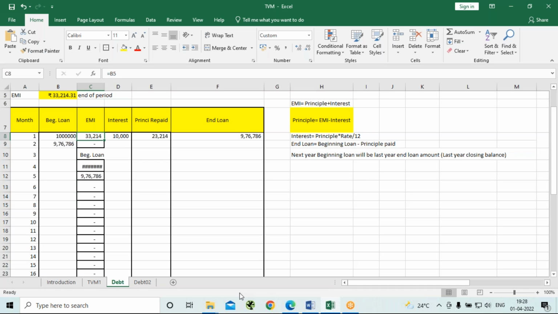So when you are going to make this, keep this value fixed with F4. So first select F2 and press F4 so that you get that fixed symbol, and now you can drag it.